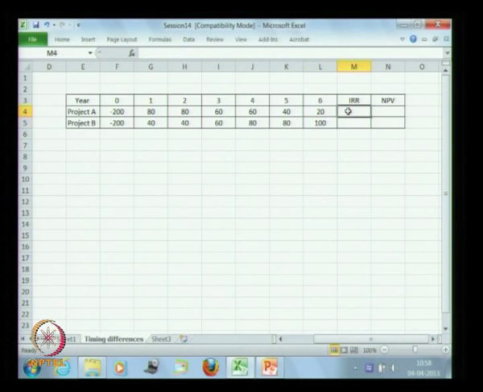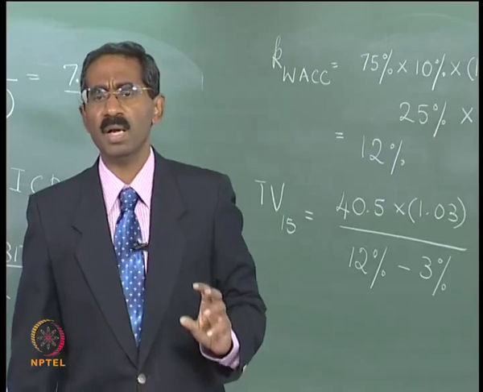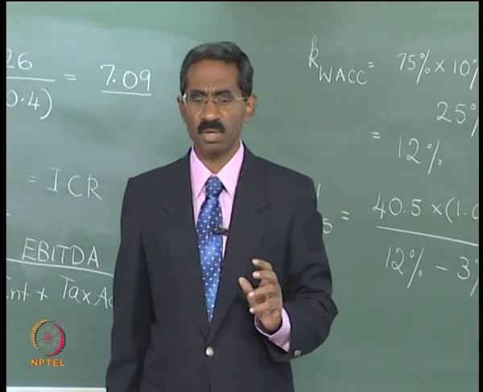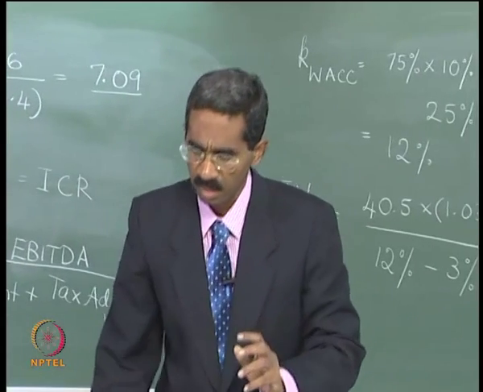If you calculate the IRR for project A, I am using the IRR function that exists in Excel. It gives an IRR value of 22%, and when we calculate the IRR for project B, we get a figure of 20%. So, from an IRR perspective, project A is preferable because it has the highest IRR.